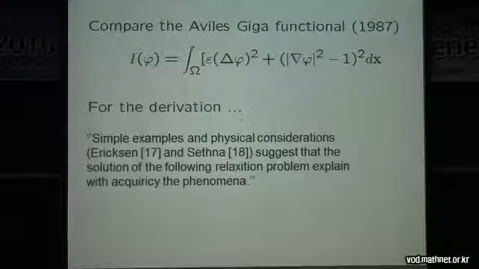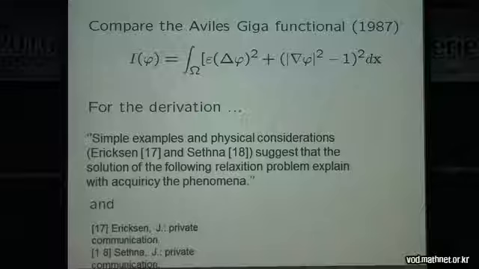This is absolutely accurate how it's written: simple examples and physical considerations, Ericksen 17 and Sethna 18, suggest that the solution of the following relaxation problem explains with accuracy the phenomena. And then you look at Ericksen 17 and Sethna 18, and they both say private communication. So I'm not sure really whether there is a derivation or not. Okay, anyway.